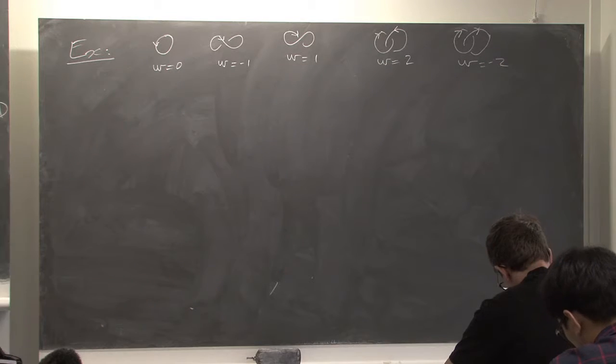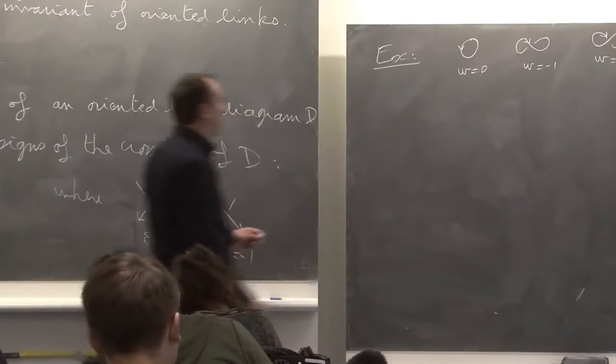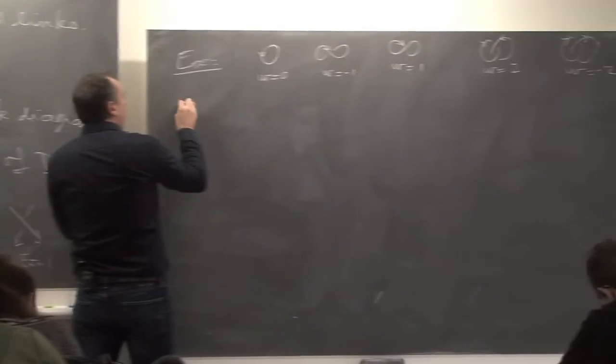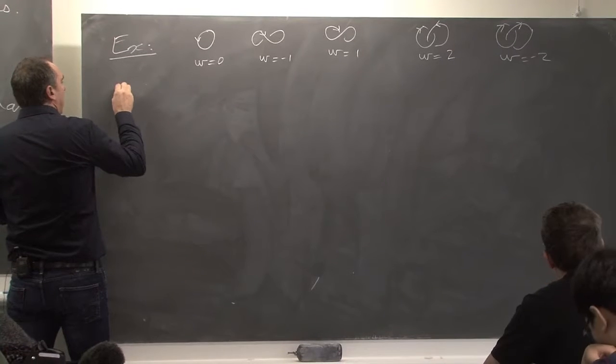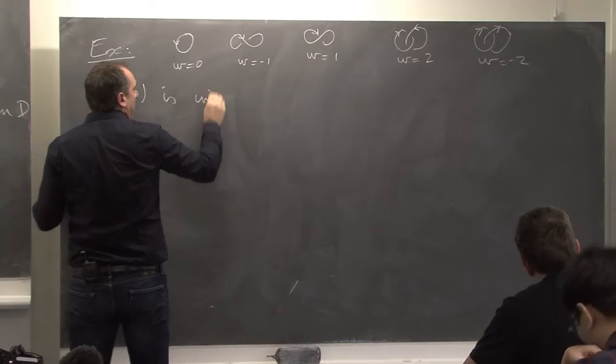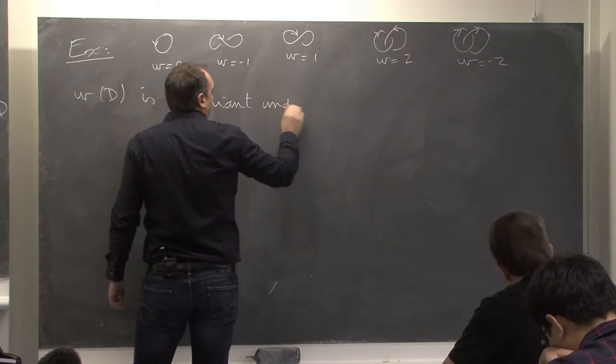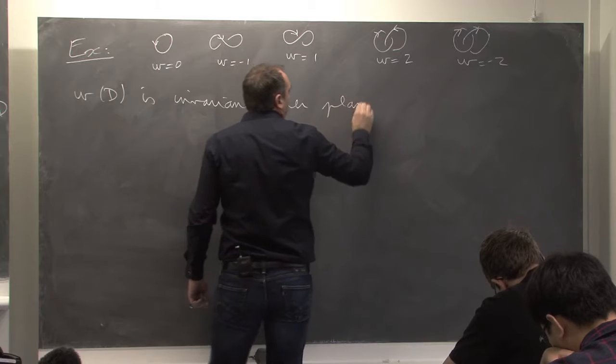So the definition is quite clear. This number, the writhe number, is clearly invariant under plane isotopies.